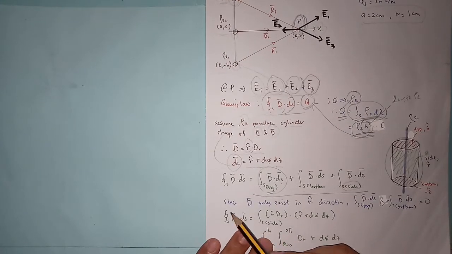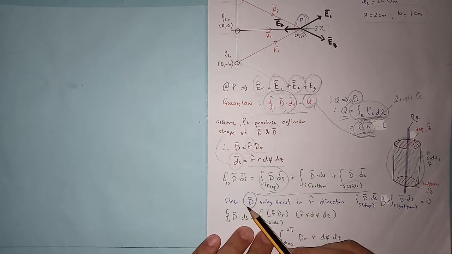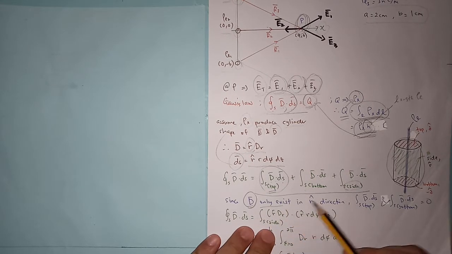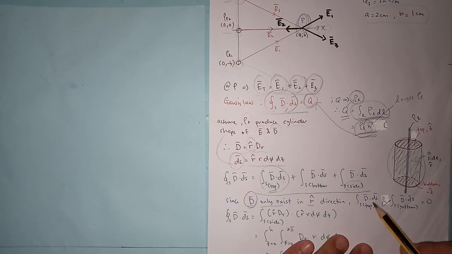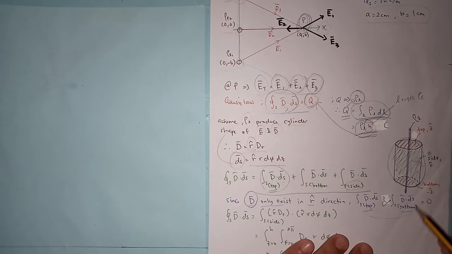However, since the flux density vector only exists in the r cap direction, on the side direction, if we perform the integration of surface on the top and the bottom, these two expressions will be equal to 0.